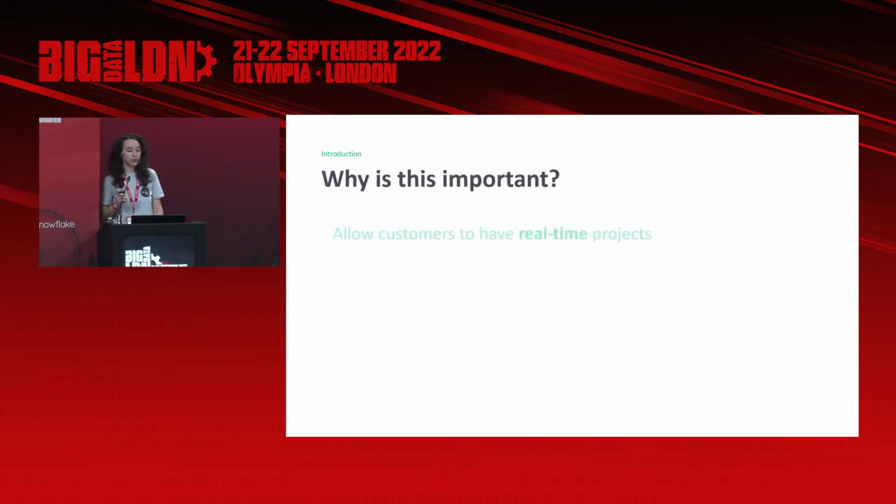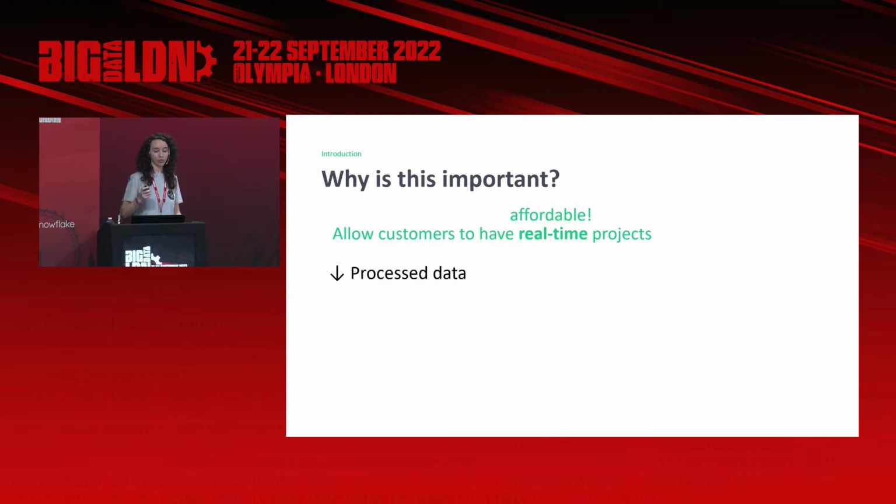But our goal at Tinybird is not just to allow our customers to have real-time analytic projects, but also to have affordable real-time analytic projects. Because we know that with a lot of money, you can have real-time analytic projects, right? But it's not what we want to achieve. So we should also focus on trying to reduce the process data as much as possible.